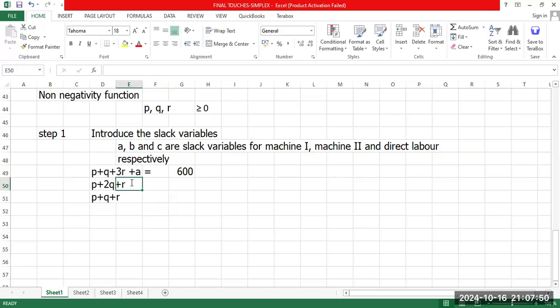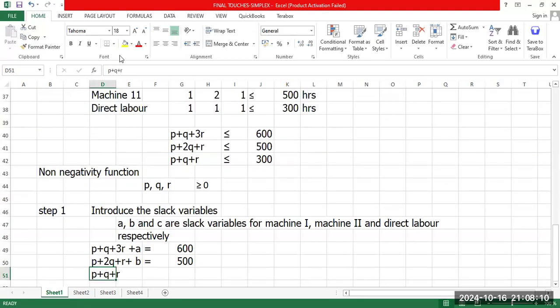Okay, so here I'm going to add B, colleagues. Then I put equal signs. What is their value? 500. Then here I add C. So colleagues, you don't cram.